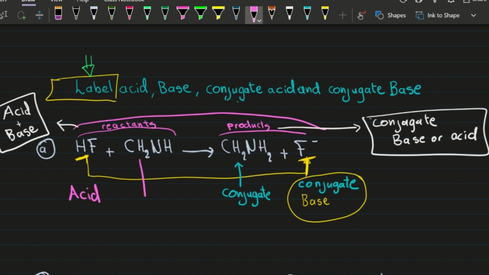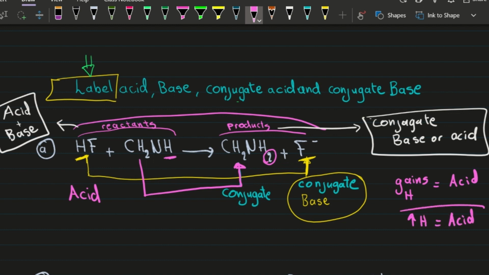Now if you look at this one right here, it looks like here it gained another hydrogen. So if it gains hydrogen, then it's going to be an acid, right? The more hydrogens you have, the more acid.